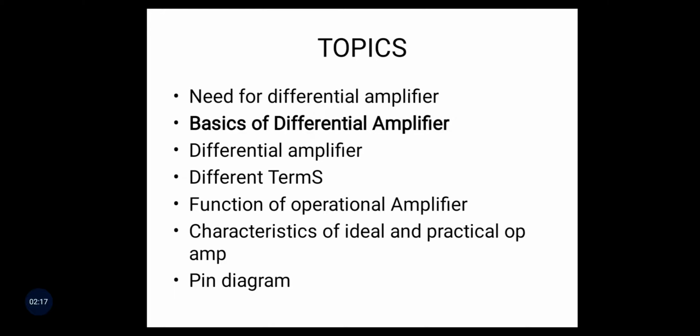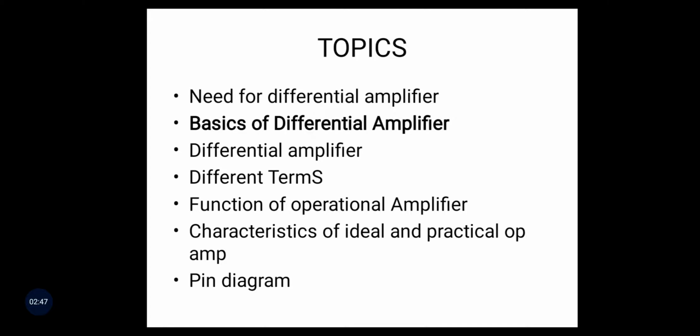Generally, in our simple amplifier, we have only one amplifier. It amplifies the signal. But in an op-amp, there are multi-stage direct coupled, high gain amplifiers, which provide very high gain. It has high input impedance and low output impedance.